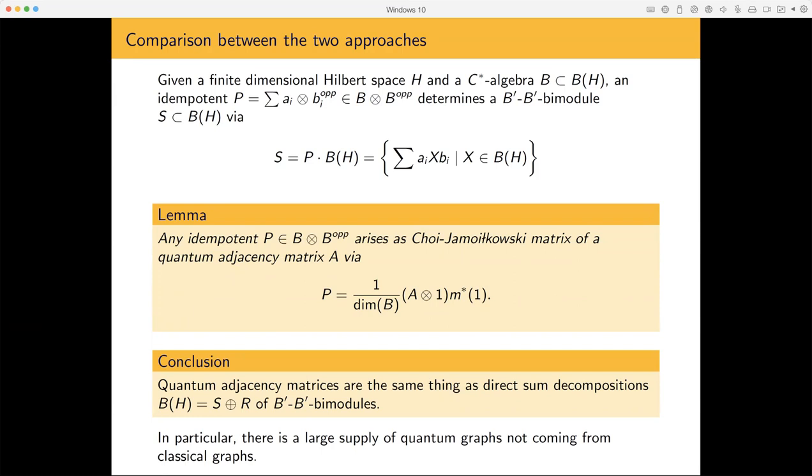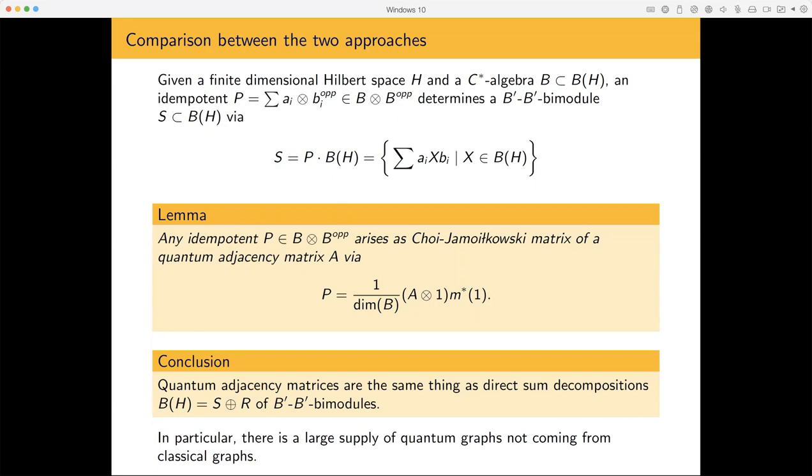If you look a bit more carefully, you see that even if you take B to be 2 by 2 matrices, you find already uncountably many non-isomorphic quantum graphs, and there are also uncountably many possible spectra.